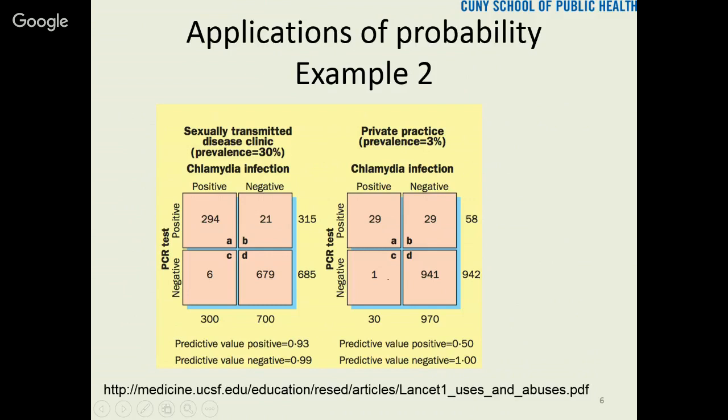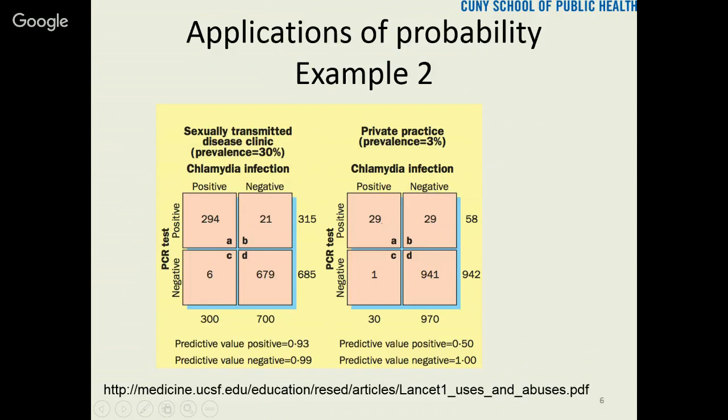So our sensitivity is, hi Tony. The sensitivity is the proportion of the positive cases who are identified. So to determine sensitivity, you would look only in the positive column, and you would find that 294 out of 300 of them are identified. So it's very high sensitivity.